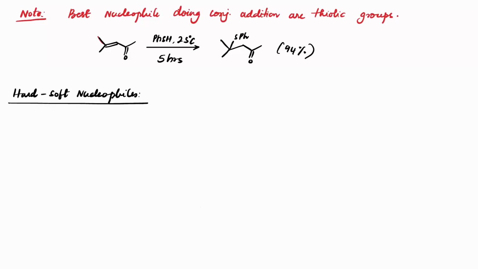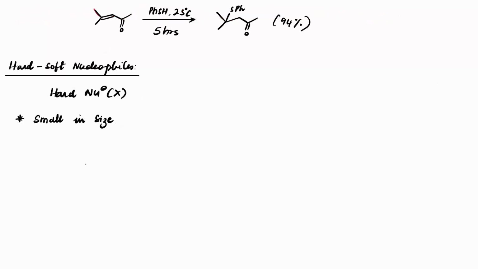What are hard and soft nucleophiles here? See, a hard nucleophile, let's say X minus, or I can say just X. Usually, hard nucleophiles are those which are small in size. Next, they are charged, which means they'll usually have a minus charge.